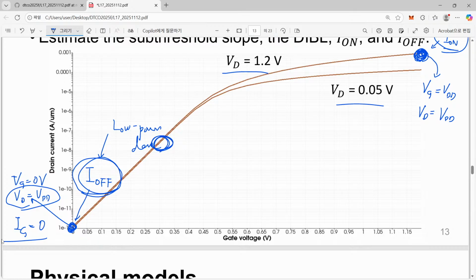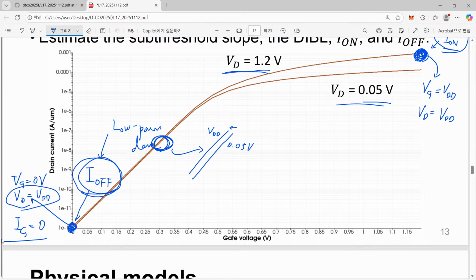Now you can see two graphs. One graph with VDD and one graph with quite a small drain voltage. When you have a look at these two curves, they are quite close. However, you can see there is a parallel shift of one graph. The right positioned one corresponds to 0.05, and the left positioned one is VDD.